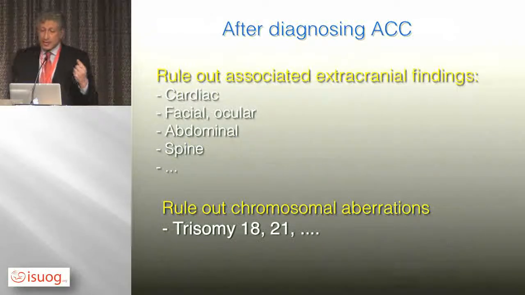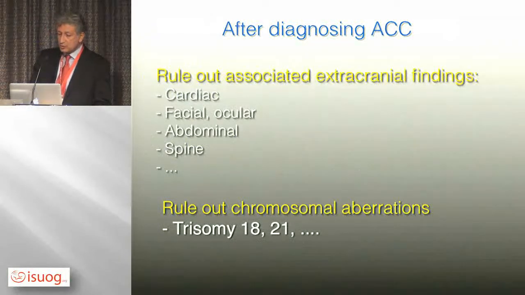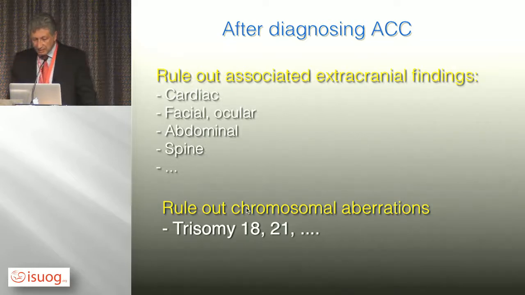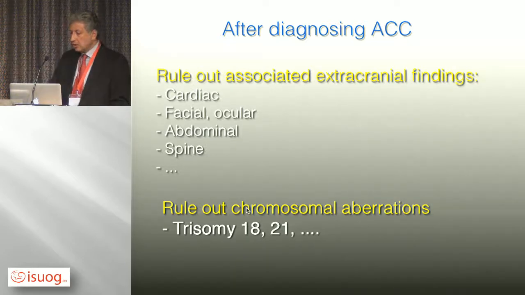This is why once we diagnose an agenesis of the corpus callosum, what we do is, of course, to rule out additional cardiac and extracranial malformations. We should rule out chromosomal anomalies, trisomy 18, 21, and other inversions may be observed.